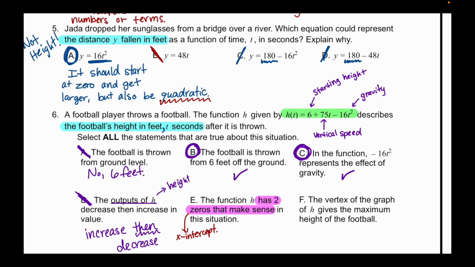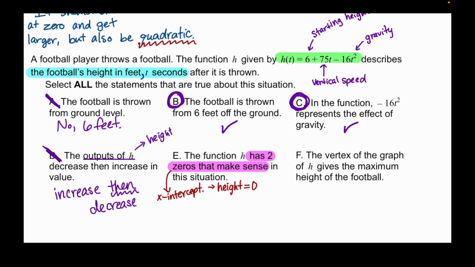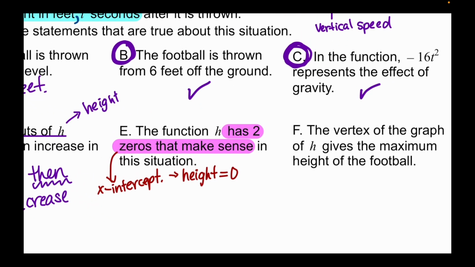And what that means is that the height is equal to 0 at 2 points for us that make sense. And I would argue that that's not the case. This football is actually starting 6 feet off the ground, like we saw in literally the part right above us.